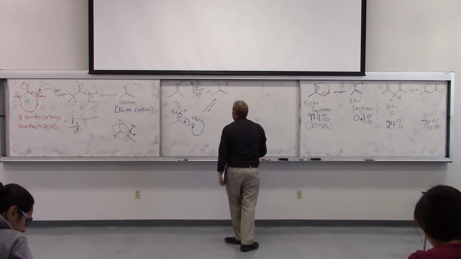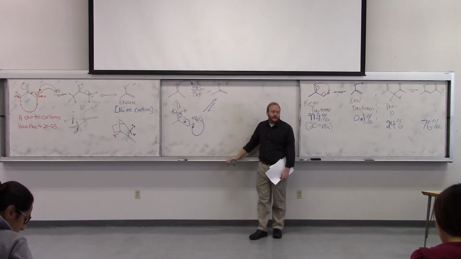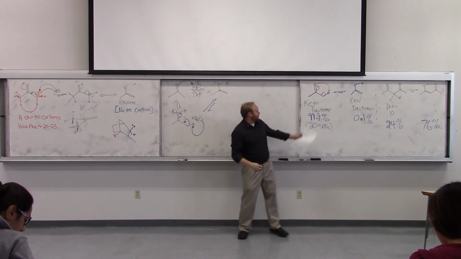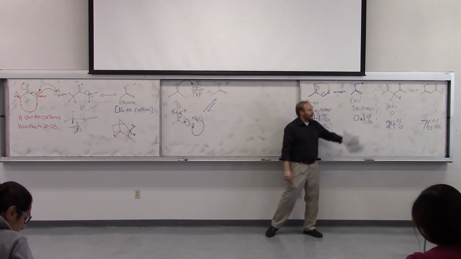And it gives us an enol almost instantaneously. So by adding acid, you can drastically influence this equilibrium. So under acidic conditions, we now favor the enol.